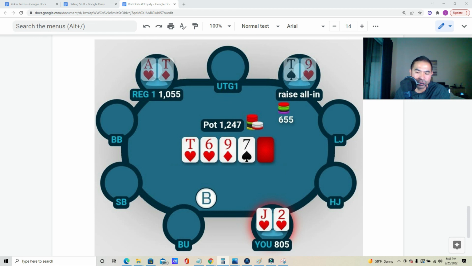So that should be correct. 12 outs times 4 is 48% versus the 39% equity that is required based on his bet size. So it is okay to call the flop because you have 2 cards that are unseen, because we don't know that the 7 of spades is coming out. That's why your percentage is so much higher. But once that turn hits, it dramatically slashes the probability of hitting your hand by half.